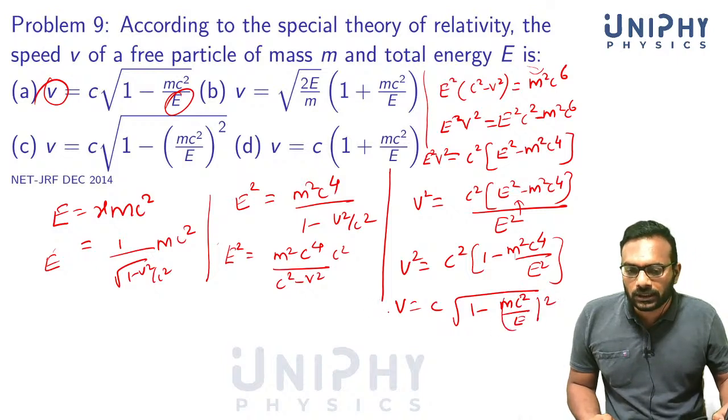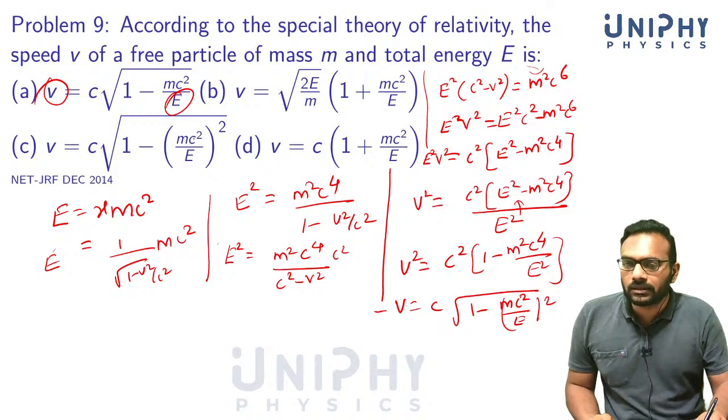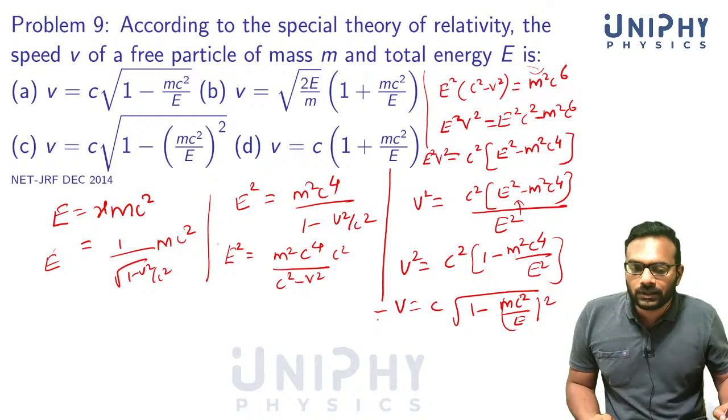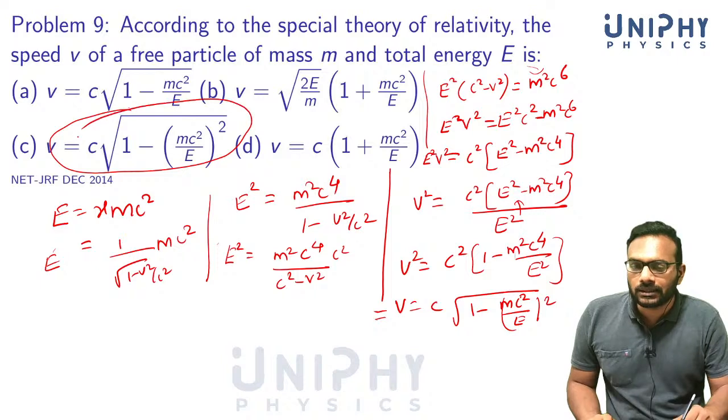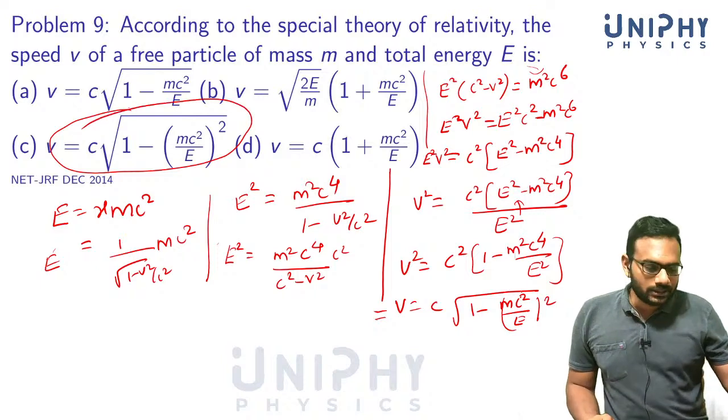We have just put it in the form that is given here. What's the answer? Do we have this answer here? v is equal to c multiplied by square root of 1 minus m c square by E whole square. Yes, this is the answer. We have got option C as the answer. So that is our answer.